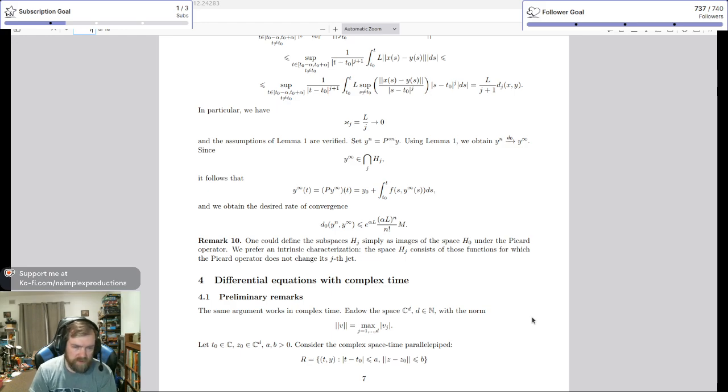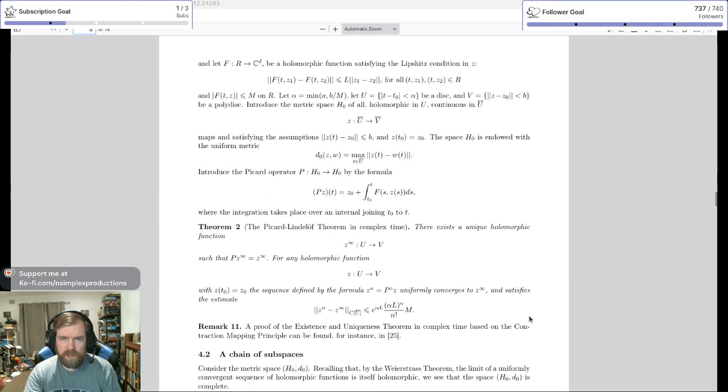Let t0 be in C, z0 be in C to the D-th dimension, a greater than 0. Consider the complex space-time parallelepiped. We already did that in the previous one, so same deal.